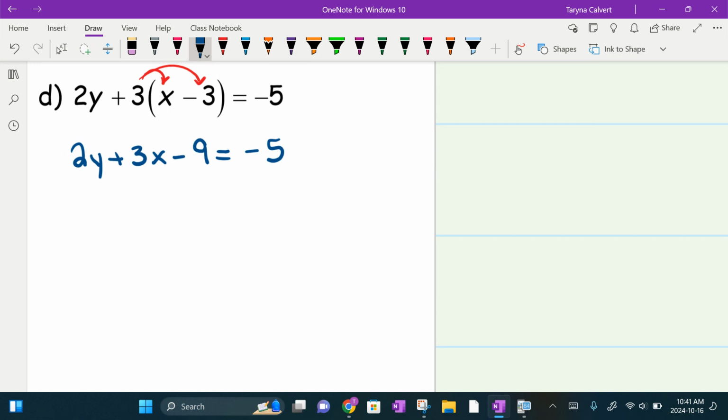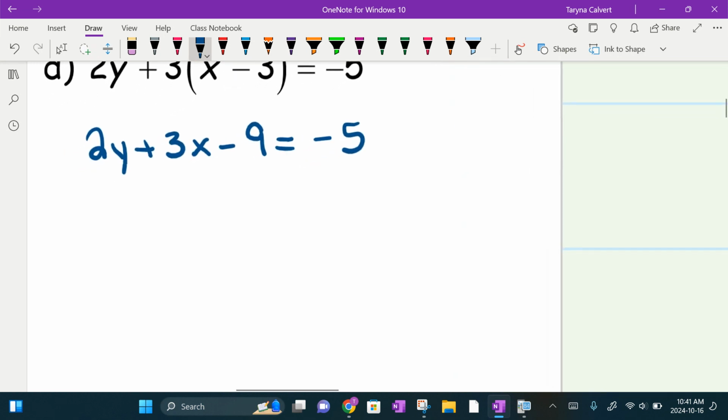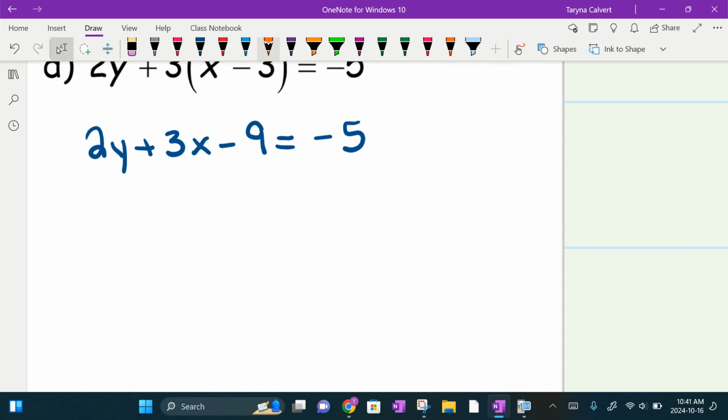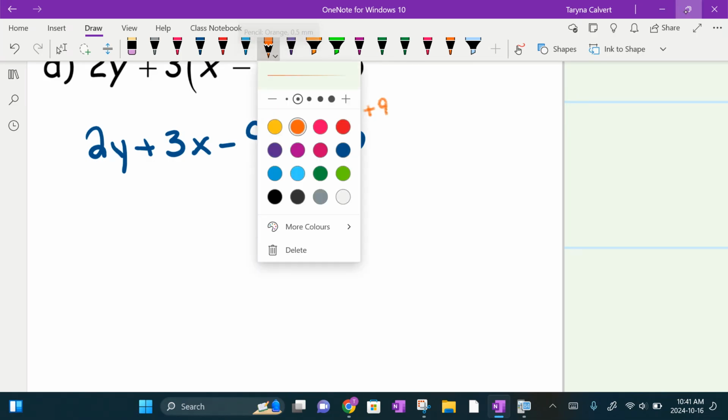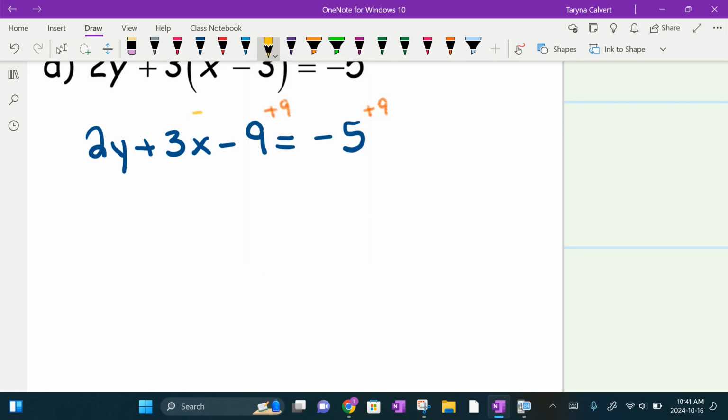All right, so are you guys okay with me moving both of them at the same time? Okay. So if I move them both, I have to add 9. It has a like term, so does it get to go with the minus 5? Yeah, so that'll go over. But I also have to move the 3x. So that one doesn't have a like term, so it'll just stay over there.